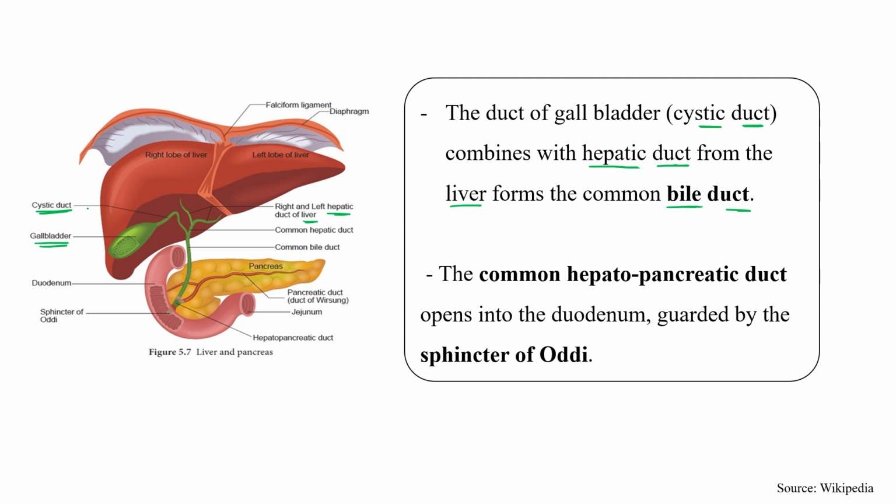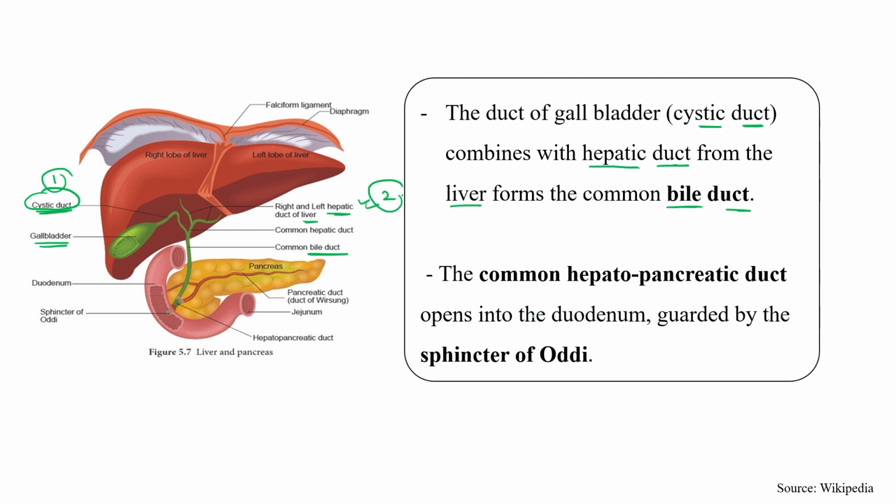After the fusion of both ducts, we use the term bile duct. The hepatic duct comes directly from the liver side and the cystic duct comes from the gallbladder side.